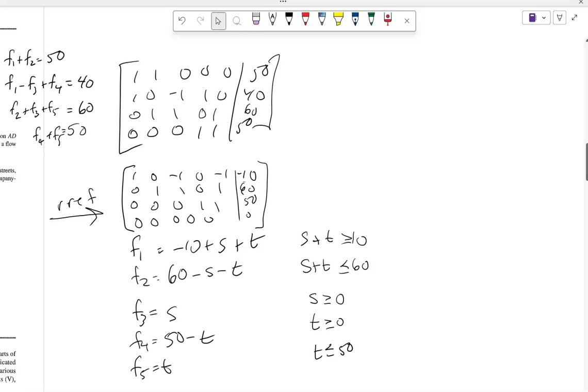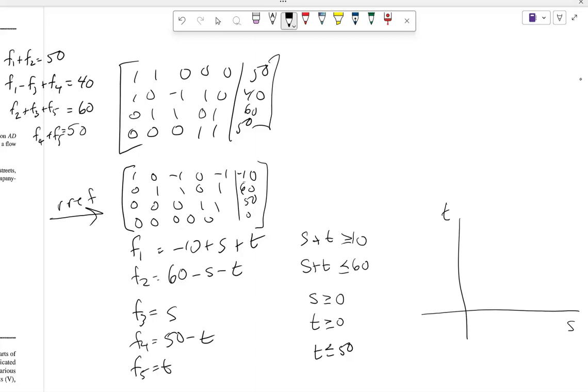Perhaps you wanted to visually represent this to see what your possible flow values could be. I can actually graph this in terms of S and T, right? If I make an S axis and a T axis, I know that I would be in the first quadrant.